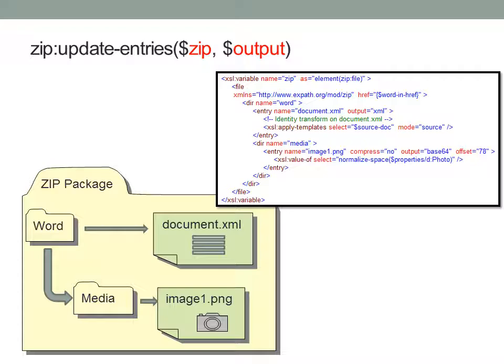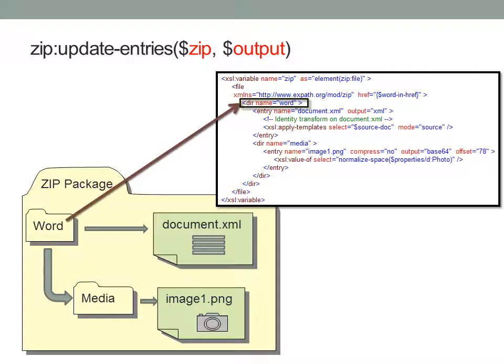So I'm just going to explain in a bit more depth how this file element is used. So that's for the first argument. Within that file element there's an attribute called href, which actually points to the Word template.